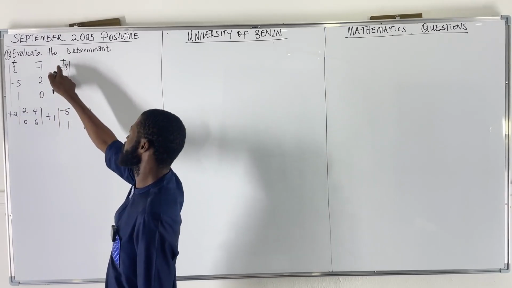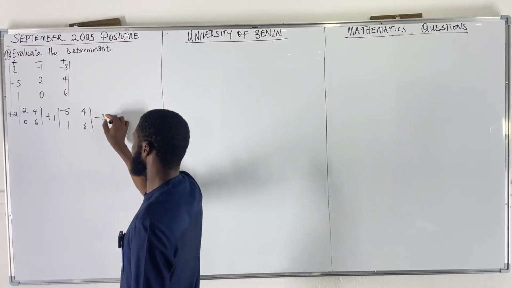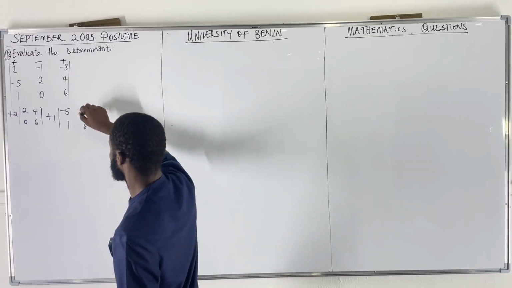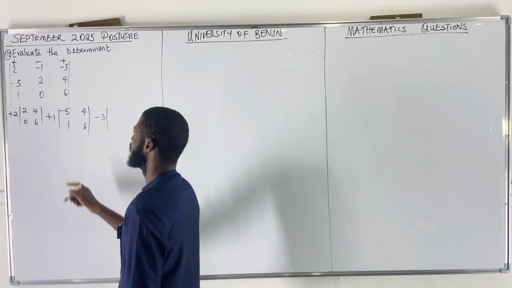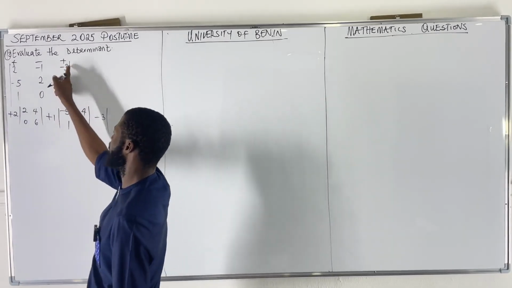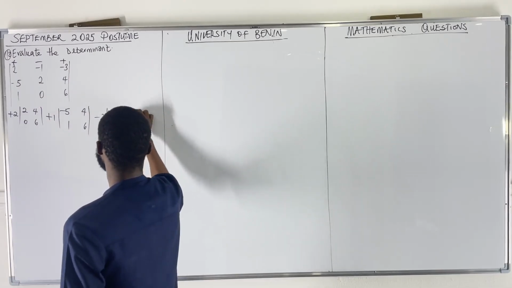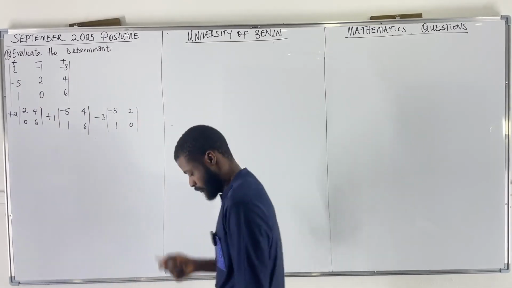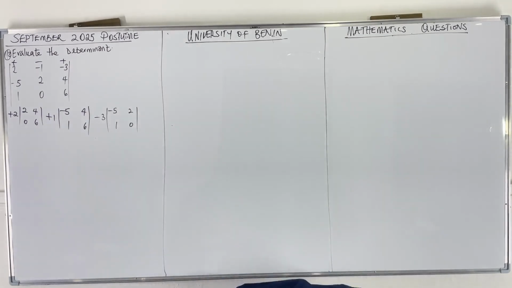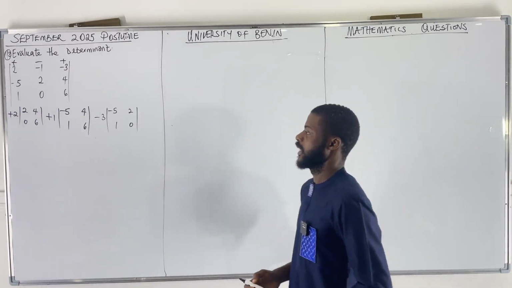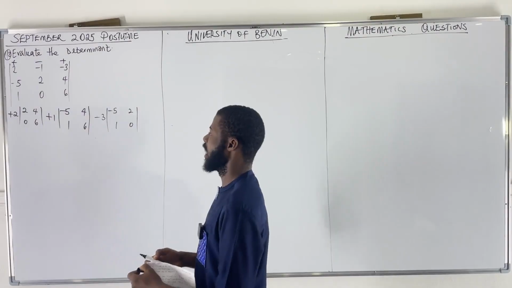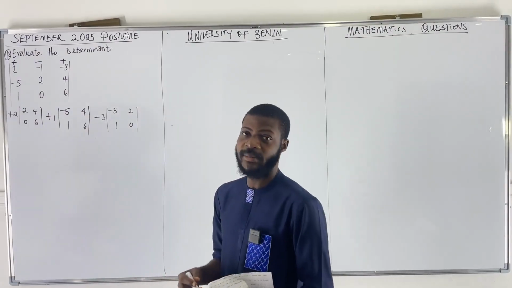Then this is plus minus, which is minus. So this is minus 3. And then if you eliminate this column, eliminate this row, what will be remaining will be minus 5, 1, 2, 0. So this is all we have. Now, since we have 2 by 2 matrices, we can find the determinant of each 2 by 2.